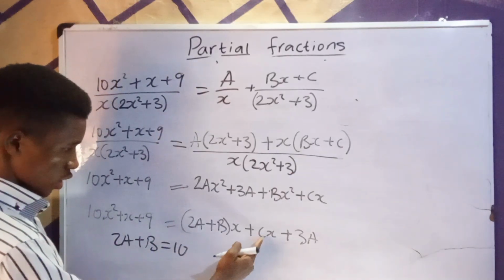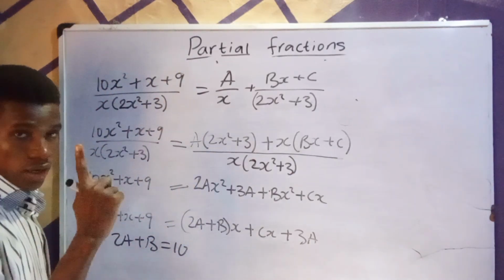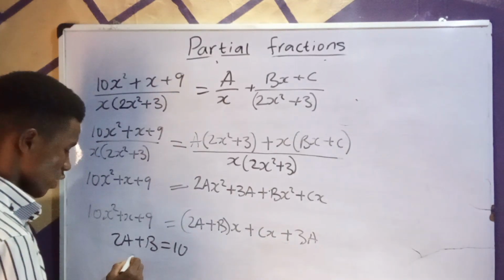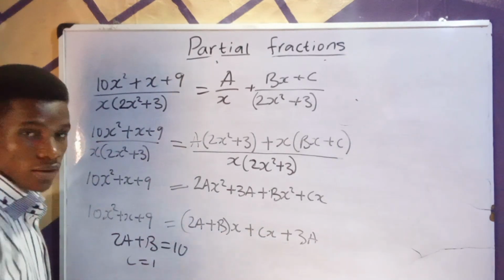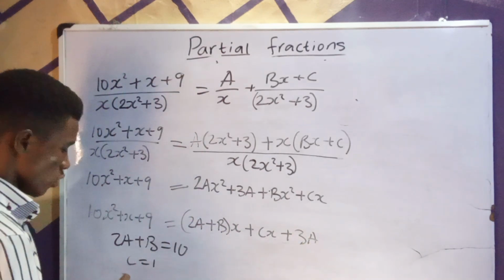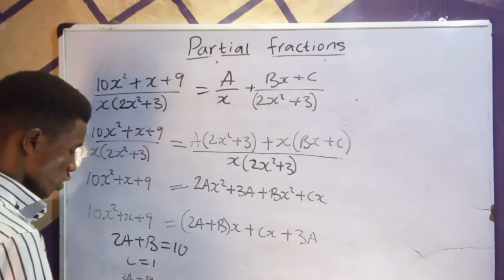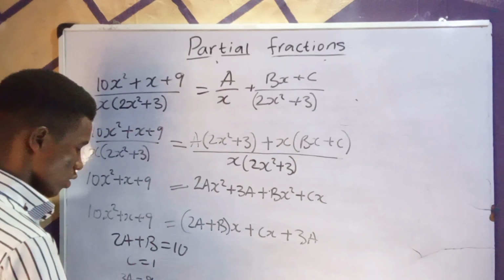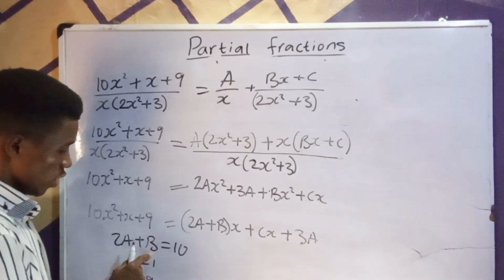We compare coefficients, we see that the coefficient of x here is 1. The coefficient of x here is C, only C. So we clearly have that C is equal to 1. Very simple. Here we have that 3A is equal to 9. You can easily divide and see that A is equal to 3.